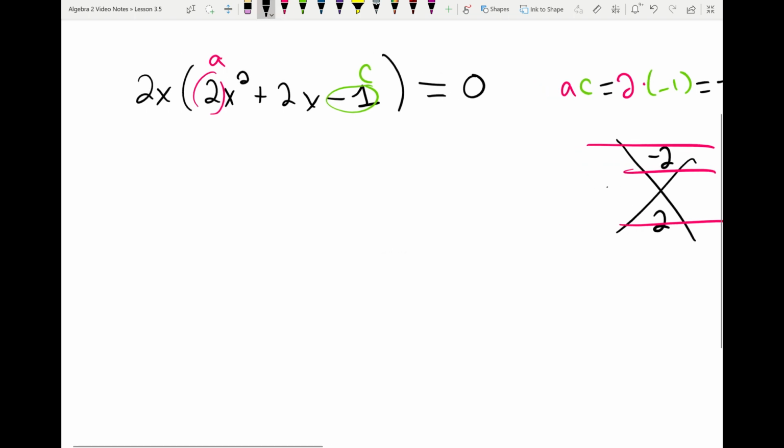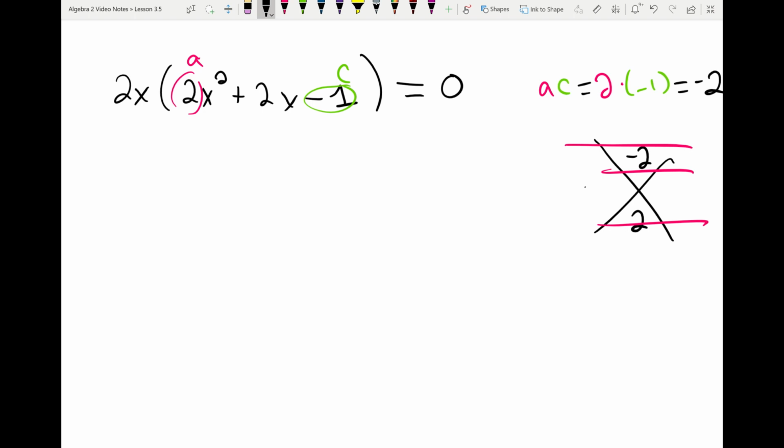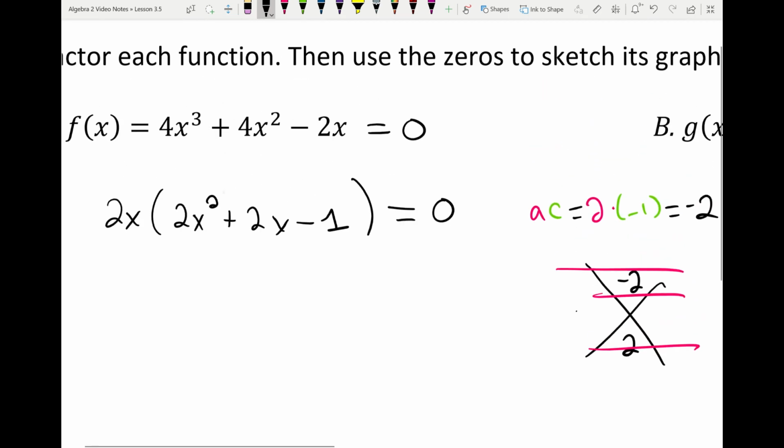So we might have to use the quadratic formula to be able to get this. All right, so we will do that.